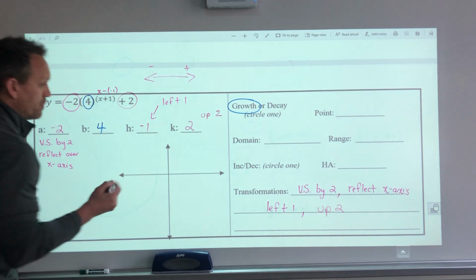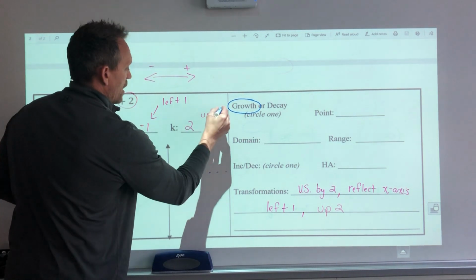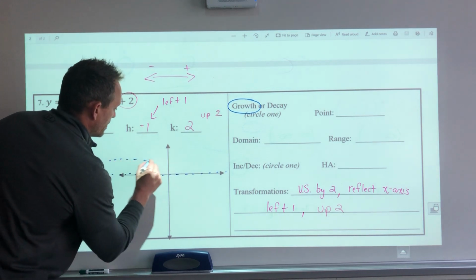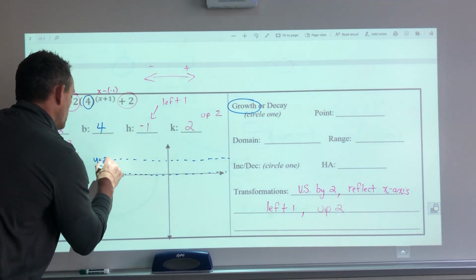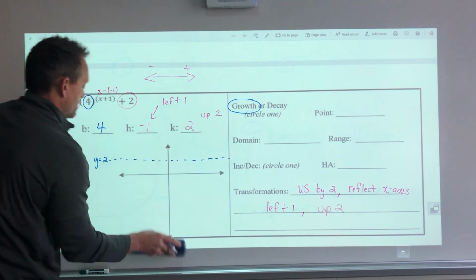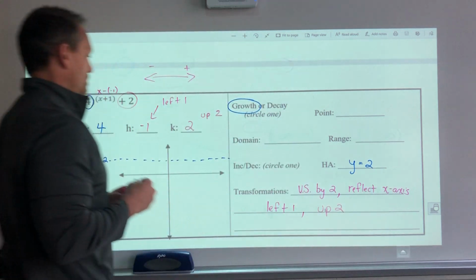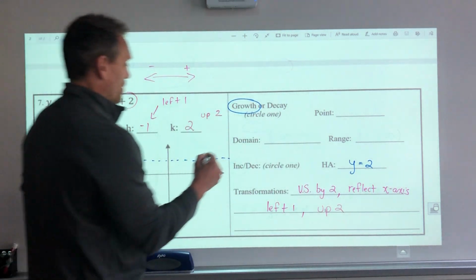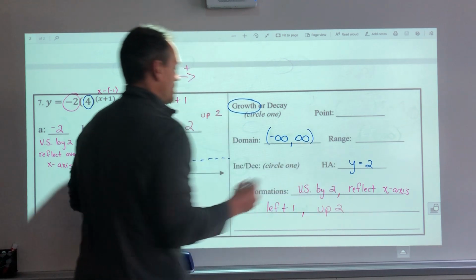Horizontal asymptote starts at y equal to 0. Up 2 means now it is at y equal to 2. Our domain is going to be consistent. So let's just roll with that.